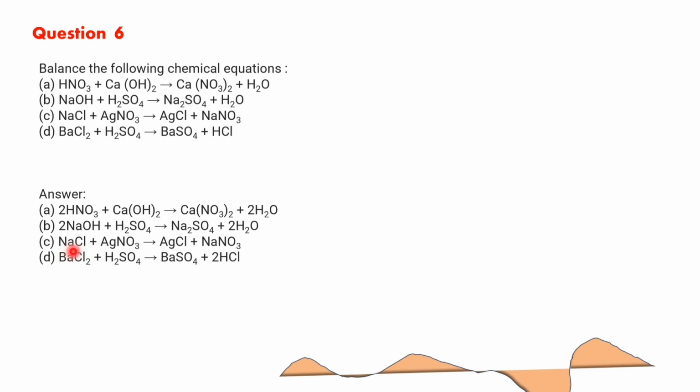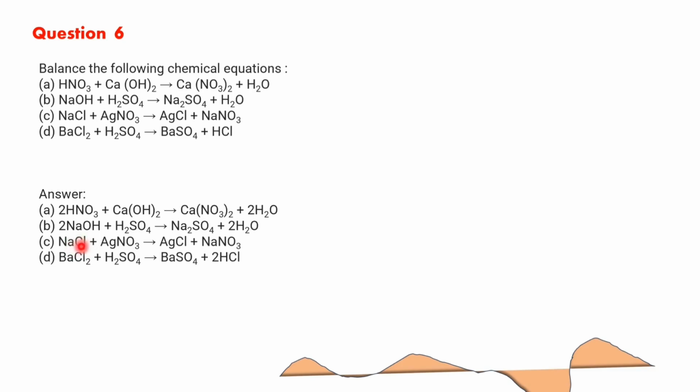Then the third one, that is the reaction between sodium chloride and silver nitrate, which gives rise to silver chloride and sodium nitrate. If we consider the sodium atoms, the number of sodium atoms on the reactant side is only 1, and on the product side also only 1 sodium atom is there. What about the chlorine?